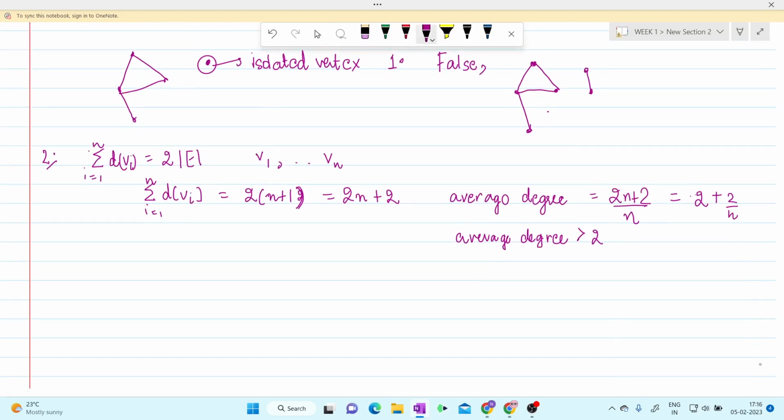So first is true, because we have seen the average degree is greater than 2. Now I'm trying to prove that we should have at least one vertex which has degree greater than or equal to 3. Let's prove it by contradiction.